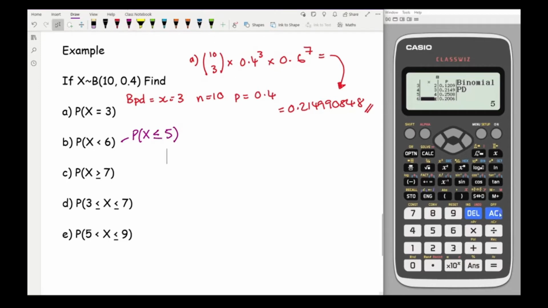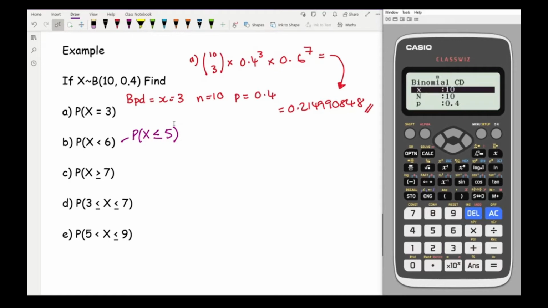So what I could do is either work out each of those probabilities, or what I could do is use the cumulative mode, which is BCD. I call it BCD because on the calculator I used to use it was just BCD, but I'm actually meaning binomial. So for this I'm going to use the variable mode, and basically what this is going to give me is entering the value of a certain number or less.